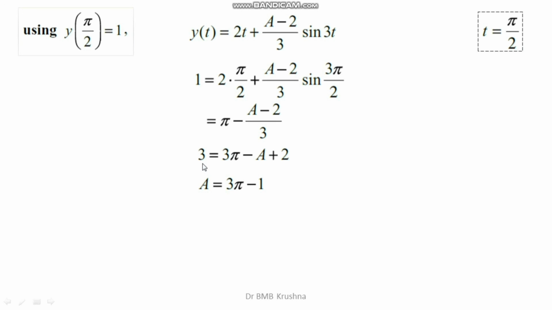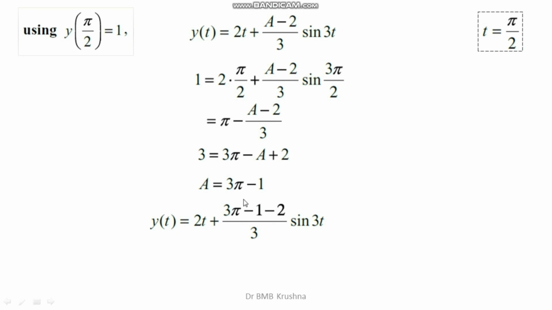3 can be brought to the right hand side. 2 minus 3 is minus 1. Therefore 3 pi minus 1 is the value of the generalized constant. Substitute this value of a in the solution. Thus one can get y of t is 2t plus a, that is 3 pi minus 1, minus 2 over 3 sin 3t.